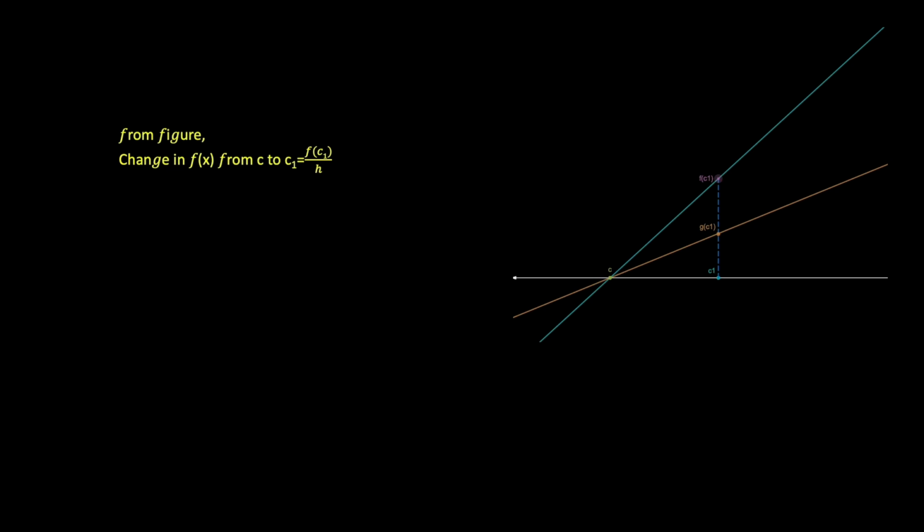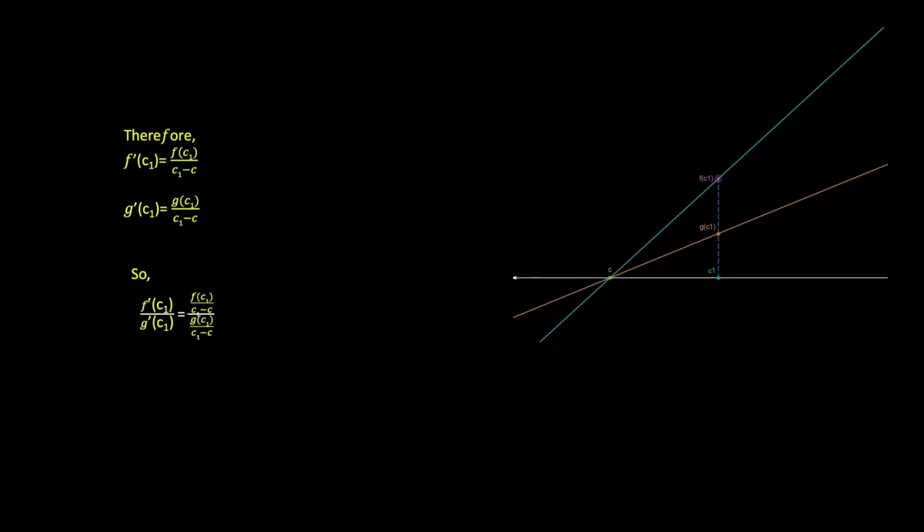Similarly, the slope of g of x at c or c1 is equal to g of c1 by c1 minus c. So, the slope of f at c1 by slope of g at c1 is equal to f of c1 by c1 minus c by g of c1 by c1 minus c, which is equal to f of c1 by g of c1 since c1 minus c cancel out, which proves the statement that we made earlier.